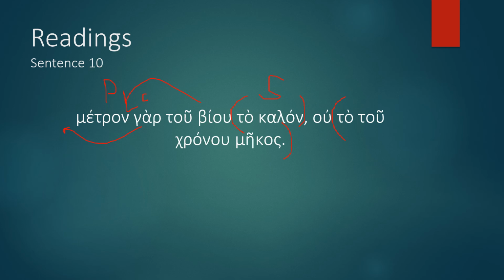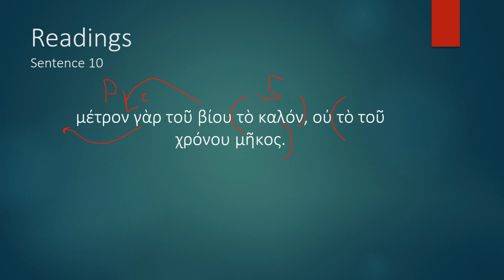It's pretty helpful. Just because something ends in omicron sigma doesn't mean it's masculine or it's second declension. I'll give you another example, the word for genus in the genus species distinction, genos, where we also get the genitive case, genike. That's a third declension neuter word, and you'll get to that declension pretty soon.